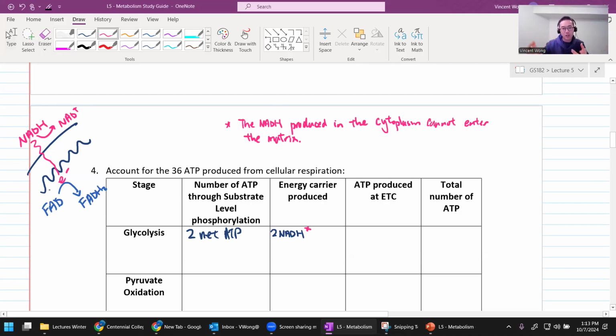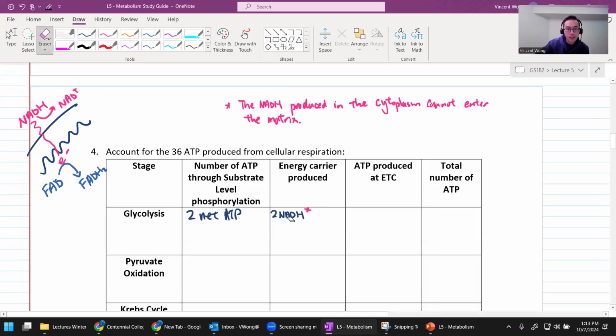So in this transaction, you essentially pay the equivalent of 1 ATP to move the electrons over. Okay, so over here, 2 NADH, but like I said, these are going to become 2 FADH2 instead because of the passing on of the electrons.